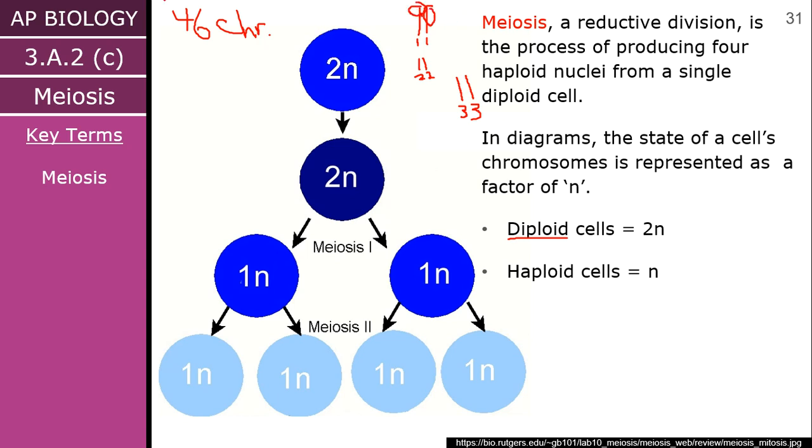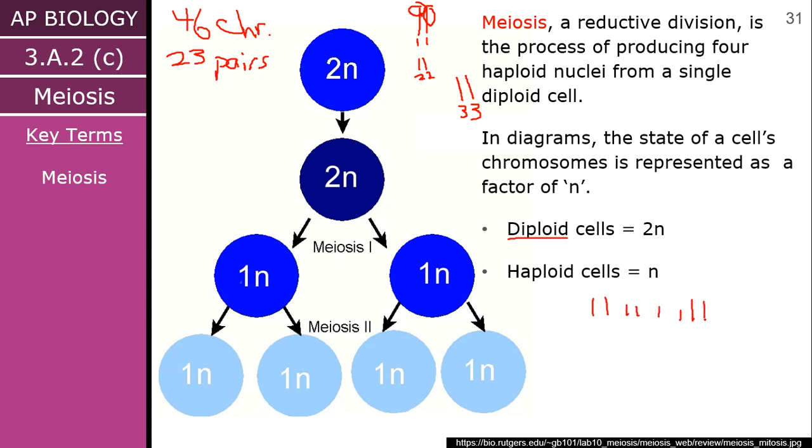So far I've drawn 6, and I need to get all the way up to 46. So basic math will tell you that you need 23 pairs of chromosomes in order to reach that 46 that make up humans. So within your body, within your cells, within their nuclei, you will find 46 little chromosomes.